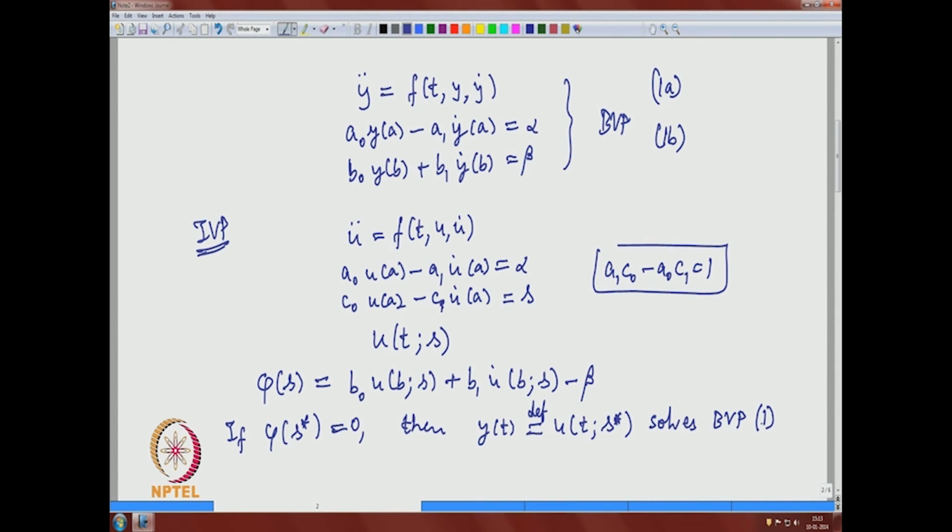Okay. And if there are more roots, then we will also have more solutions for the BV problem, and this follows from uniqueness of the initial value problem. Okay. So, the important thing is this.